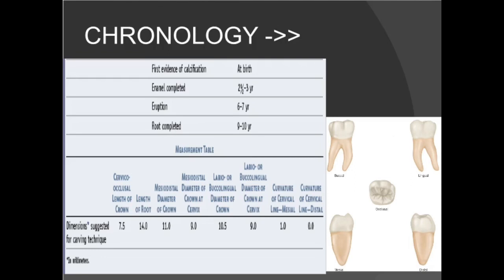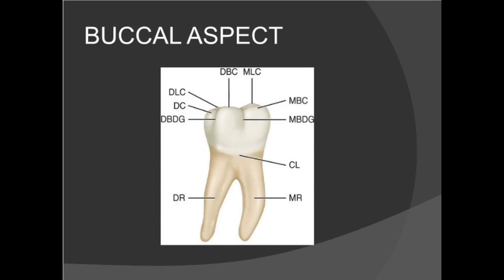So, from the buccal aspect, the crown appears to be roughly trapezoidal in shape. Mainly 3 cusps are visible from this aspect: the mesiobuccal cusp, the distobuccal cusp, and the distal cusp. 2 developmental grooves can be seen: the mesiobuccal developmental groove and the distobuccal developmental groove.